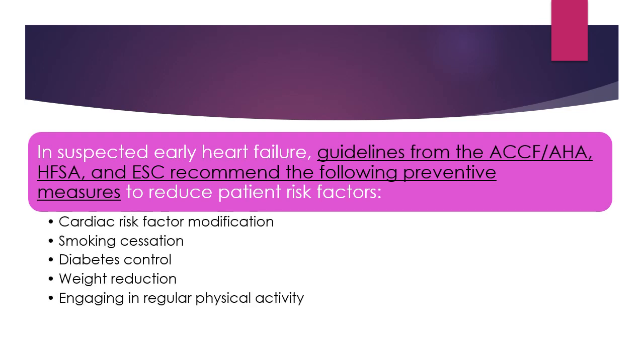So these patients should have cardiac risk factor modifications, including thorough management of their blood pressure, improving their sedentary lifestyle, treating any underlying condition that could precipitate or lead to heart failure in future, smoking cessation, diabetes control, weight reduction, and engaging in regular physical activity.